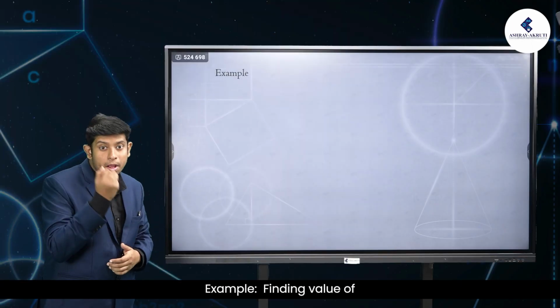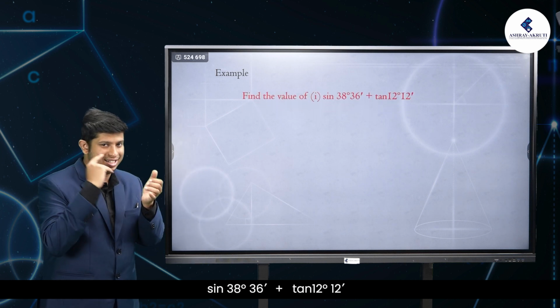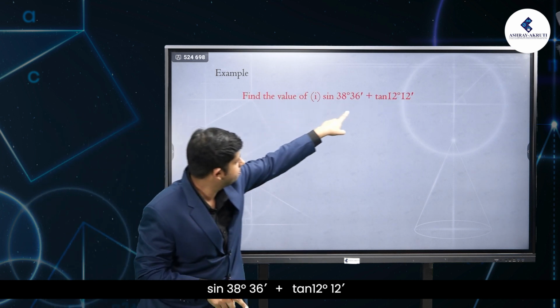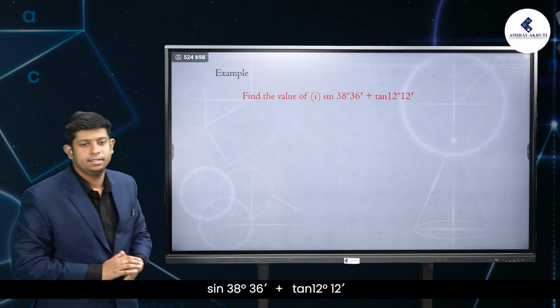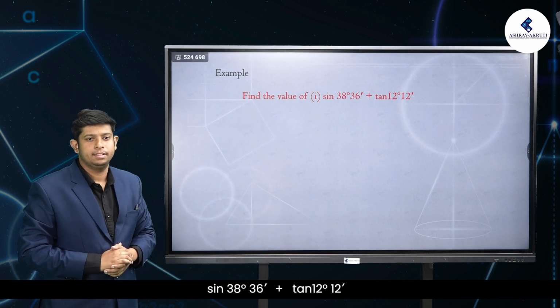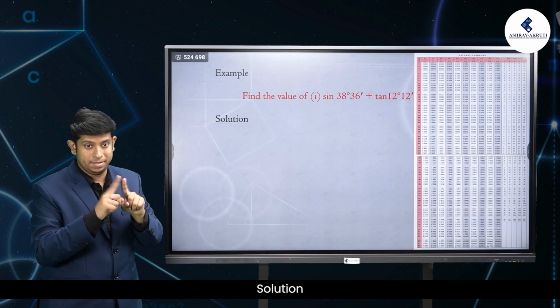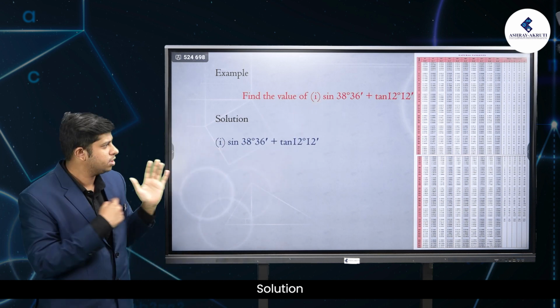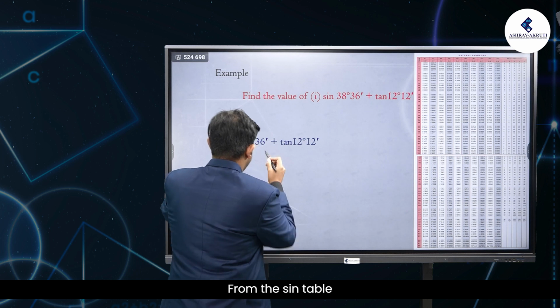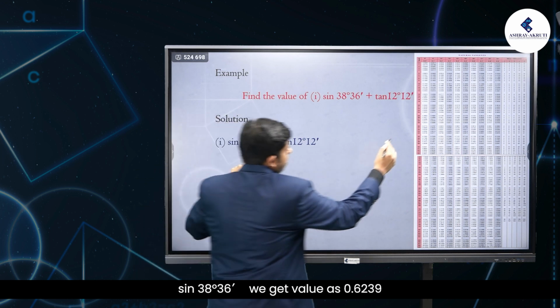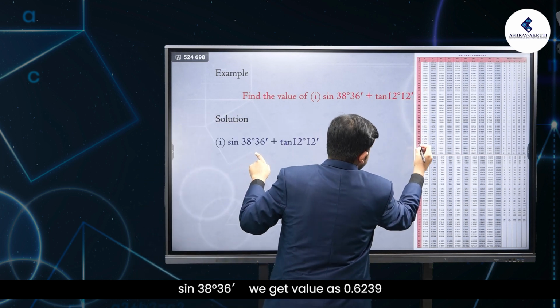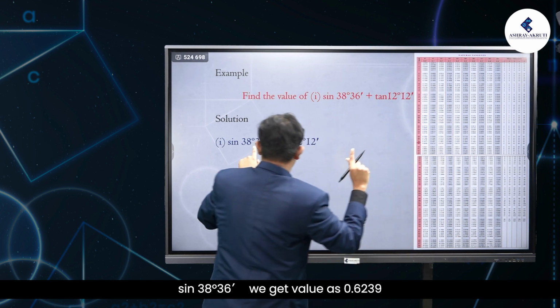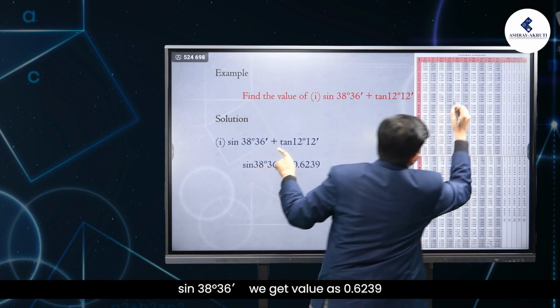Example. Find the value of sin 38 degrees 36 minutes plus tan 12 degrees 12 minutes. Solution. From the sine table, sin 38 degrees 36 minutes, we get value as 0.6239.